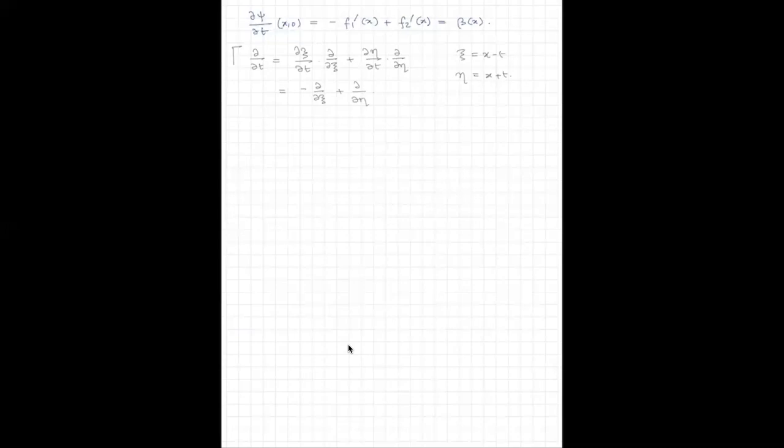So del t acting on f1 of xi plus f2 of eta is minus f1 primed of xi plus f2 primed of eta. Okay, this is how I get this.